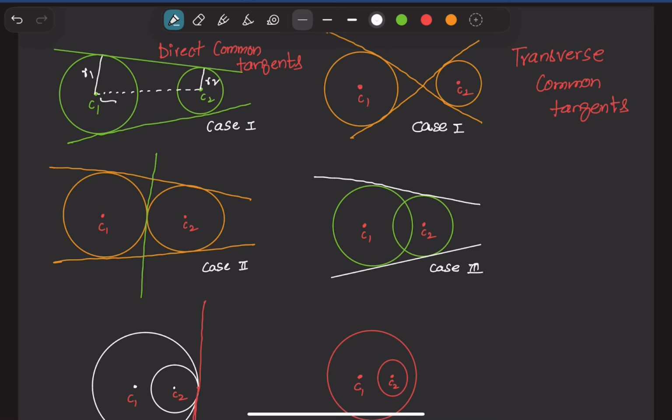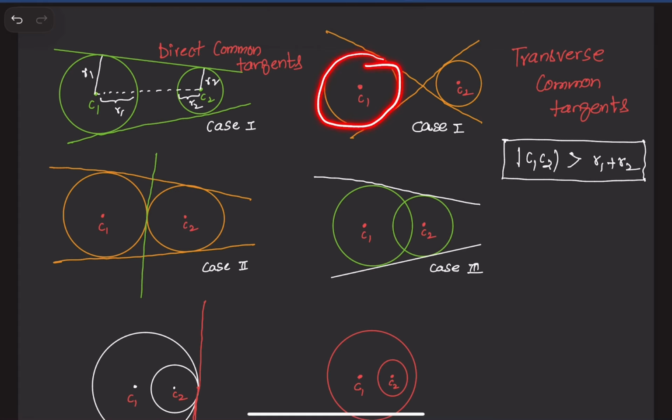If you calculate the distance between C1 and C2, the centers of two circles, this is greater than R1 plus R2. If this condition holds good, then you can say the two circles are not intersecting each other. And in that case, you have two direct common tangents and two transverse common tangents.